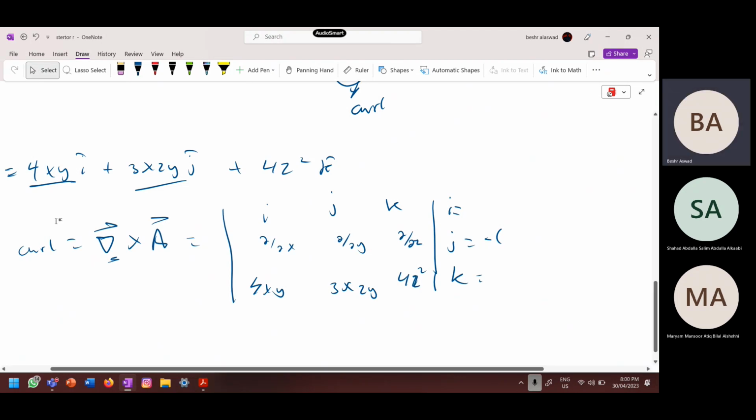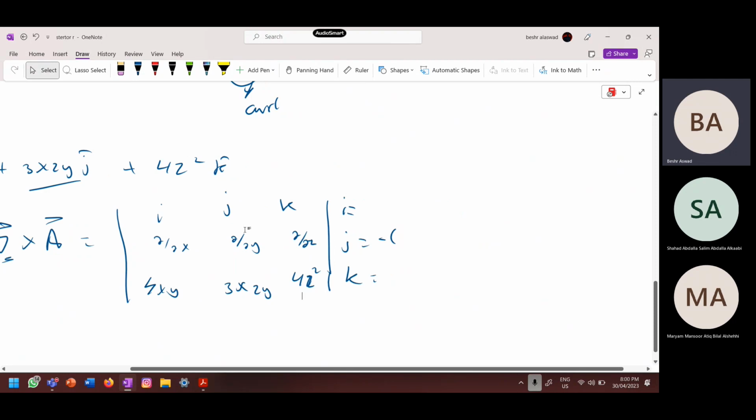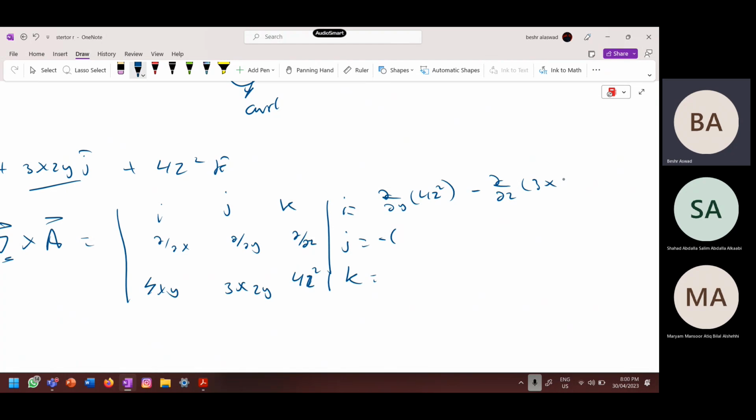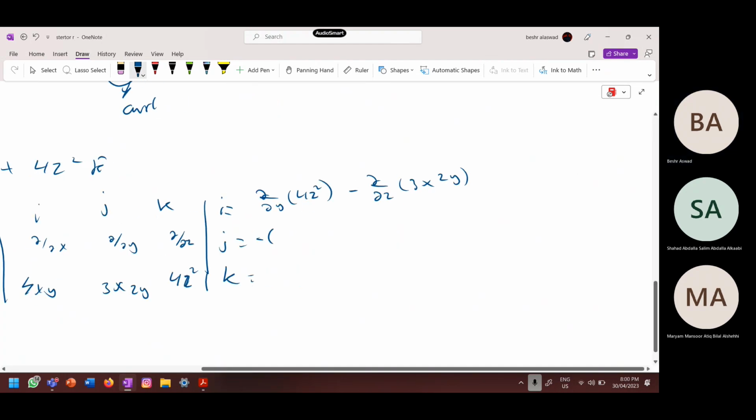Now we're going to find each component. Remember, if we're going to start with i, just cross these and find the determinant of the smaller matrix. So we get partial over partial y of 4z squared minus partial over partial z of 3xzy.